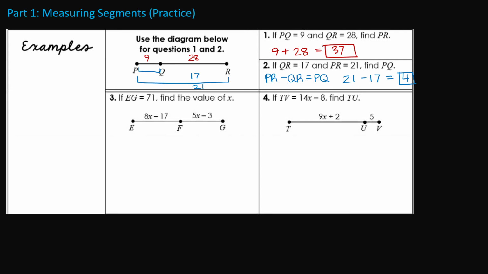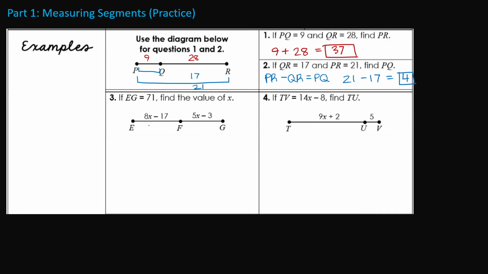Let's try a couple more. We're going to add some algebra in here. So with the segment addition postulate, it's really important that we are modeling equations with the specific line segments before we add in the terms. So here's what I mean.